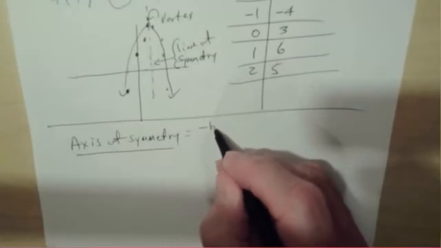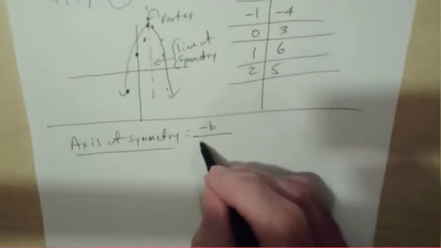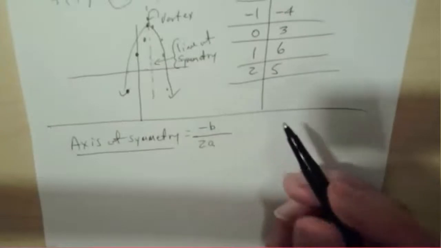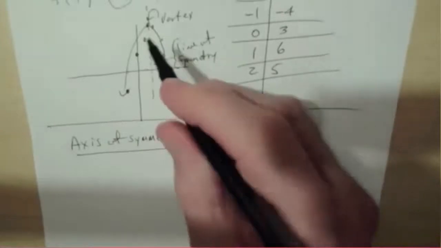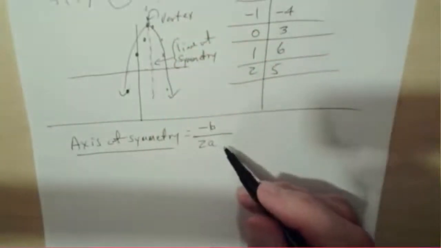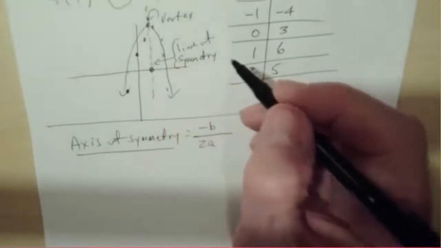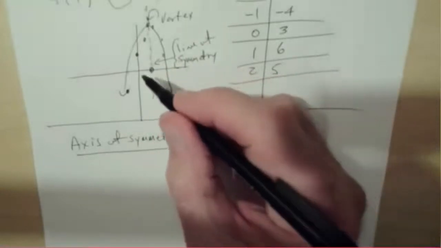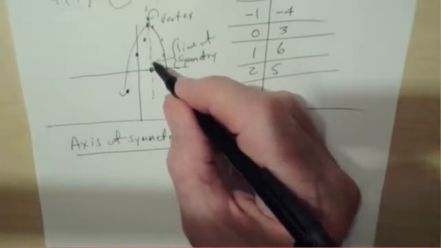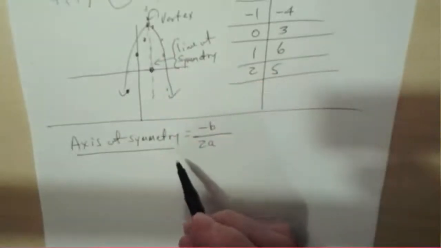It is negative b all over 2a. Okay, this is the axis of symmetry. And what are we trying to find here? X. And that's wherever the axis of symmetry goes through the x-axis. And that's what we want.